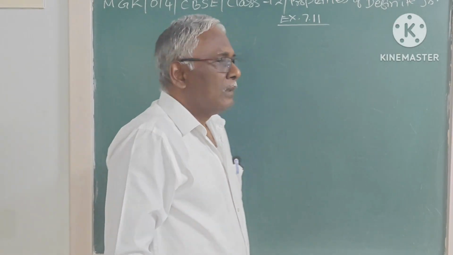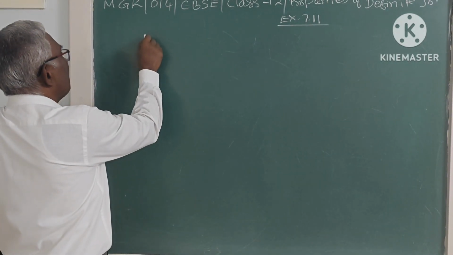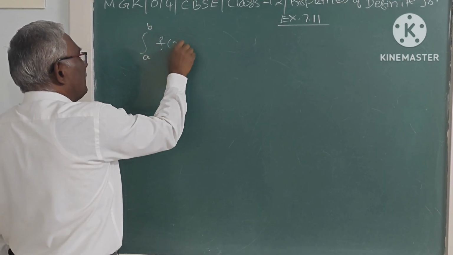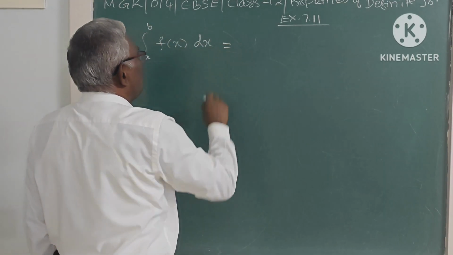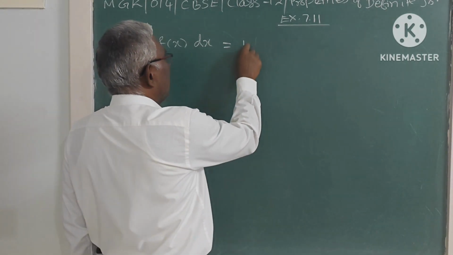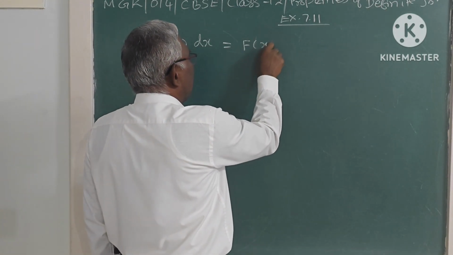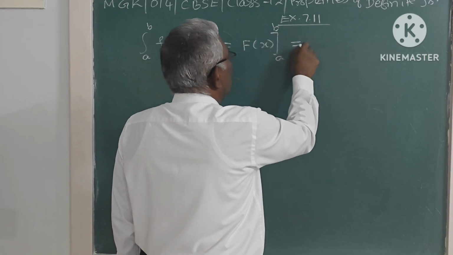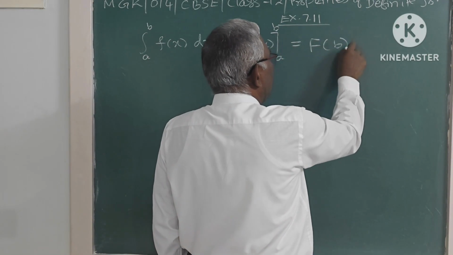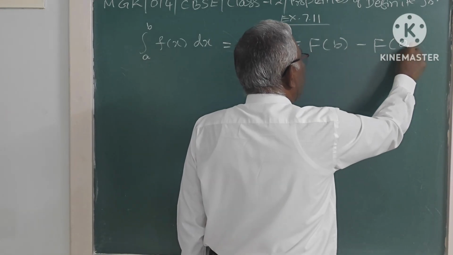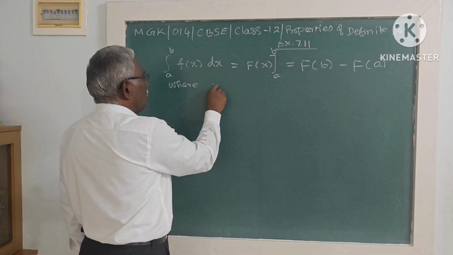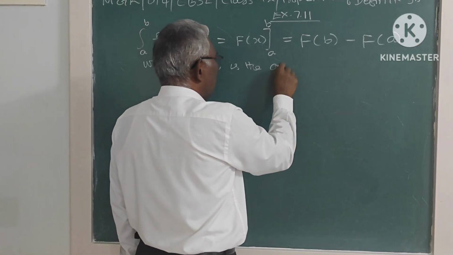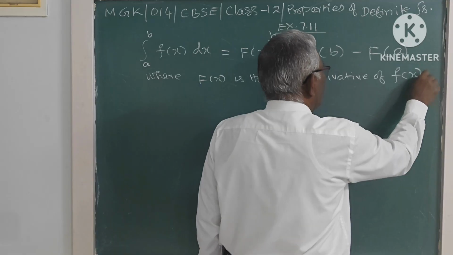We know for the definite integral a to b f of x dx is nothing but capital F of x from a to b, which is F of b minus F of a, where capital F of x is the antiderivative of f of x.